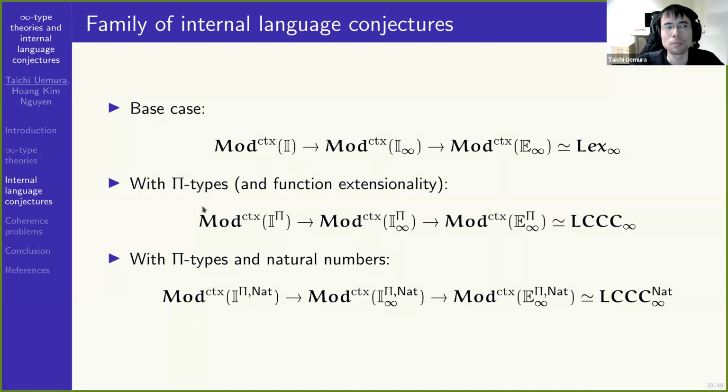So if we add pi types with function extensionality, then we also construct an analogous infinity type theory with pi types. And then we get extensional infinity type theory with pi types, which naturally corresponds to locally Cartesian closed infinity categories. And if we also add natural numbers type, then we do the same thing, and the last one will correspond to locally Cartesian closed infinity categories with a natural number object.